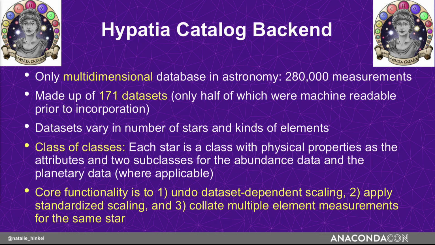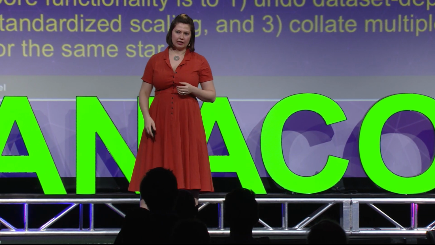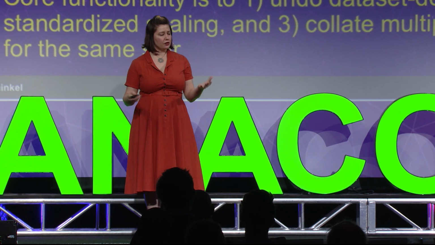So I did the public service. But all these data sets are different. In fact, the way that I think about them is that they're their own unique beasts. They have different elements, different stars, different ways that they measured the elements within their data sets. So the way that I incorporate them is I set up a class structure such that each star is a class where I tack on the physical properties, because these properties are super important for astronomers.